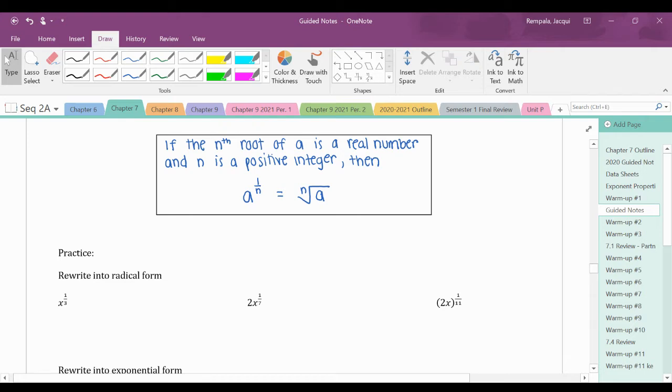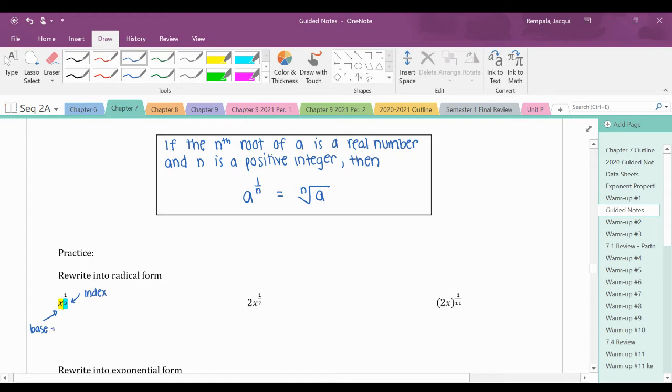So let's start by rewriting something that has an exponent, and we're going to turn it into what we call radical form. So it's going to have that root. Okay, so notice that we have several things to identify here. I have an x. When we're looking at it in exponent terms, we call that the base. Notice that my exponent is 1/3. So that little number 3, which is in my denominator, when I rewrite it, that is now going to become the index.